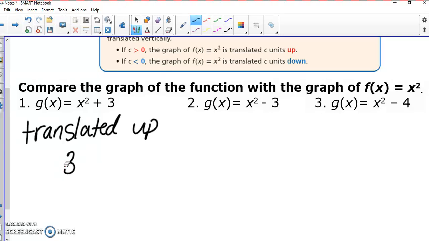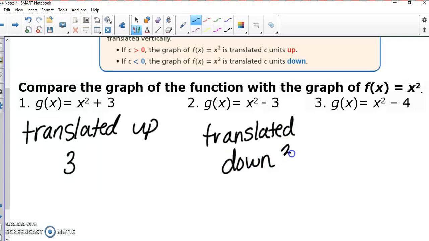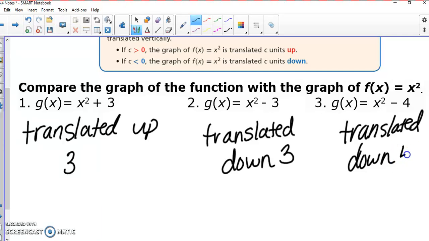Okay, this next one, we would say it translated down 3 since it's a negative 3. And again, this is translated up or down on the y-axis. And then this last one translated down 4 since it's a negative 4.